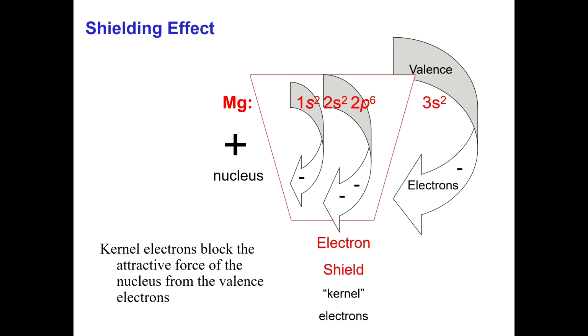Shielding effect means the inner electrons are only attracted by the nucleus, but the valence electrons are also repelled by the inner electrons. So it looks like they lose some attraction from the nucleus. This is the shielding effect of the inner electrons on the valence electrons.